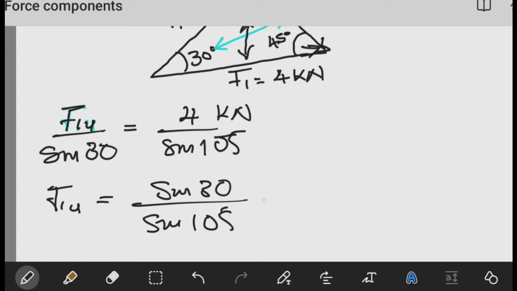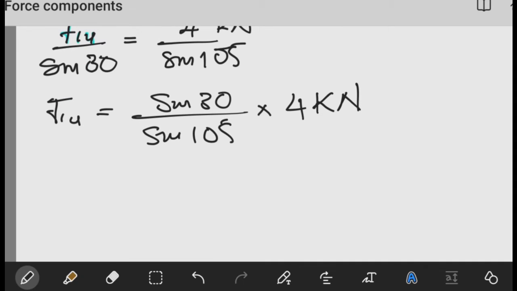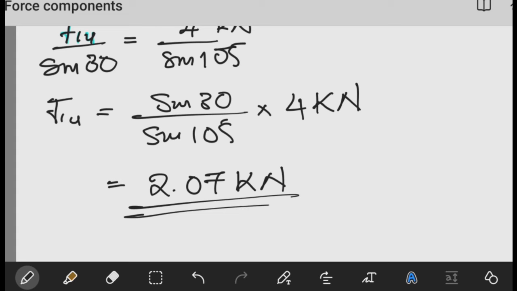Sine 30 over sine 105 multiplying 4 kilonewtons. And finally, F1 in U comes out as 2.07 kilonewtons. So this becomes the component of F1 in the U axis.